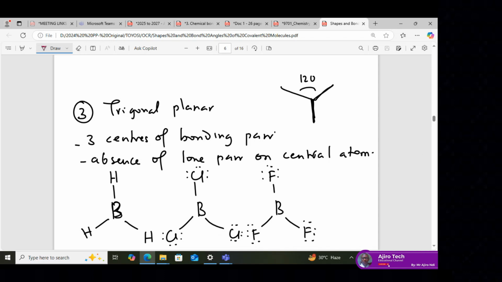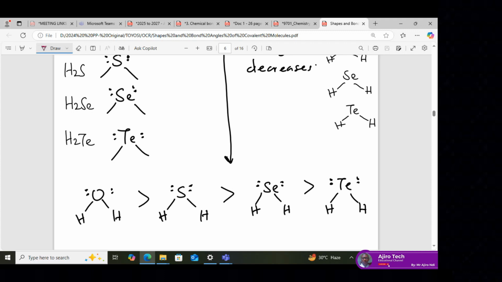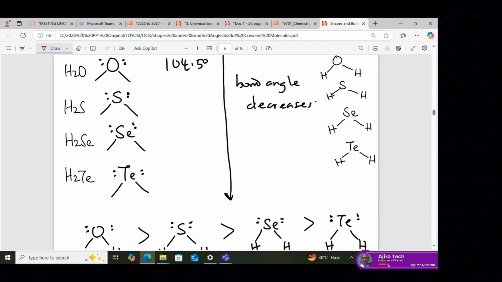Trigonal planar has 3 centers of bonding pairs and an absence of lone pair on the central atom. Now, this thing I say about the bond angle, it only decreases if there are lone pairs on the central atom. Where there are no lone pairs, bond angles don't change. I will give you an example.